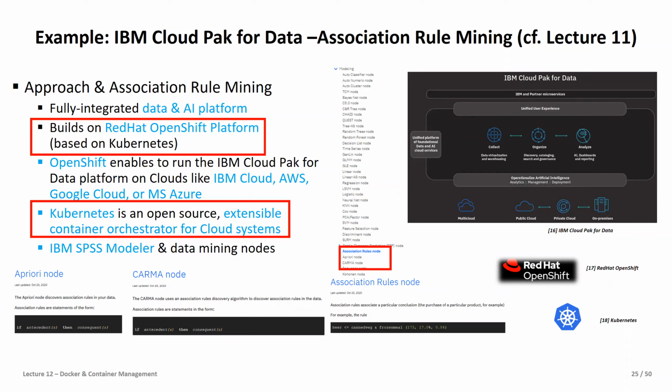It's basically a Red Hat OpenShift platform, which internally works on Kubernetes and benefits from the containerization approach. And you have different nodes, so you would program that more as a graph, but we know already that even TensorFlow is compiled into a graph.